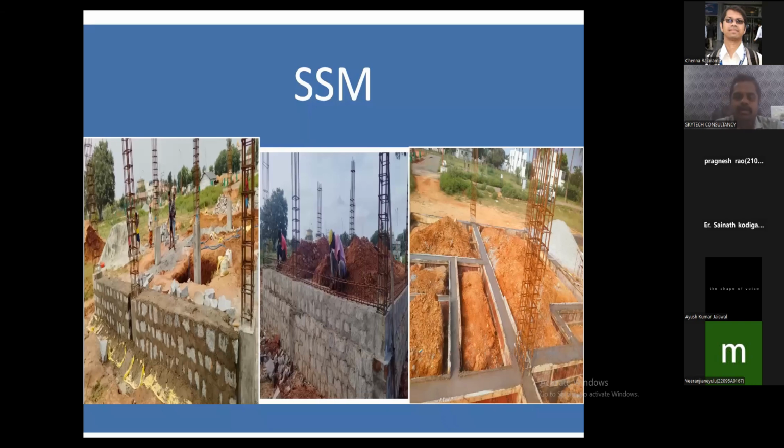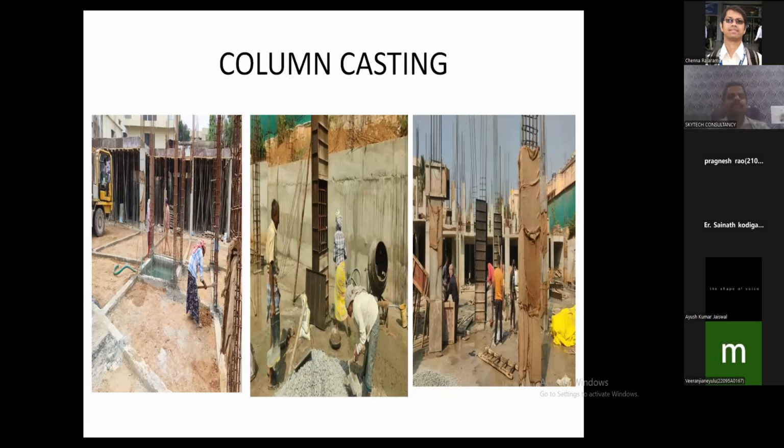We can observe it in the third pic. So in these conditions, we will be using the plinth beams. Based on our client requirements, the plinth beam has to be laid where the exact measurements, the alignment, and each and everything has to be checked by the engineer.